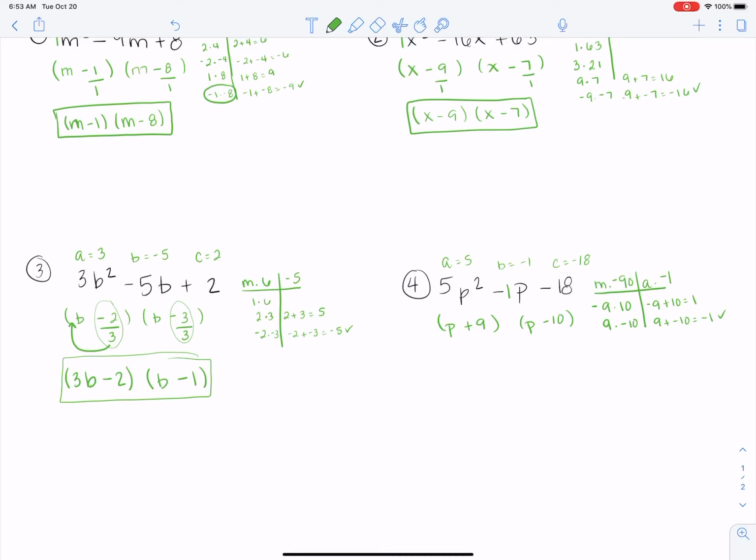Your last step is to divide by A. 9 over 5 does not simplify, so you kick the 5 back in front of the p. So 5p plus 9. Negative 10 over 5 does simplify to negative 2, so p minus 2. And those are your factors.